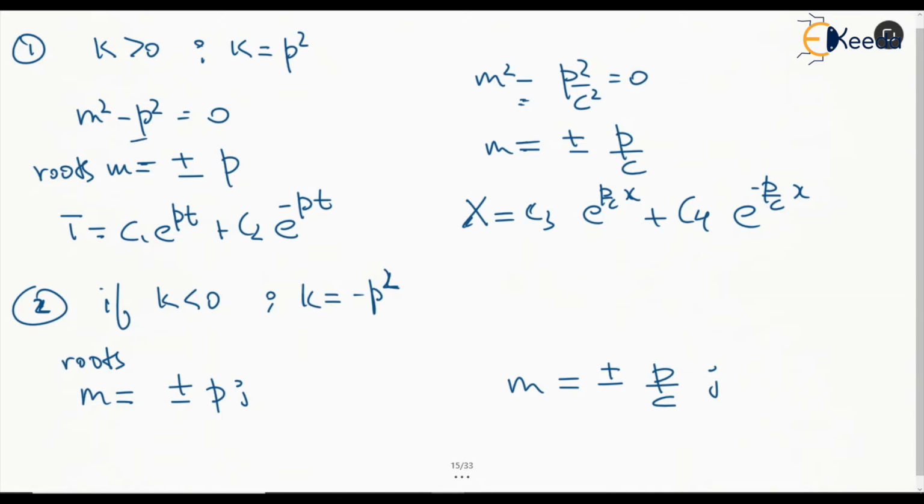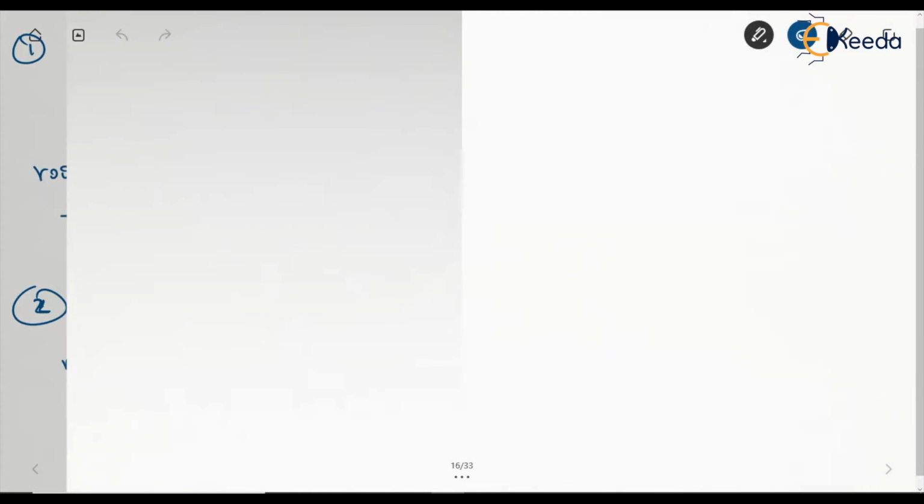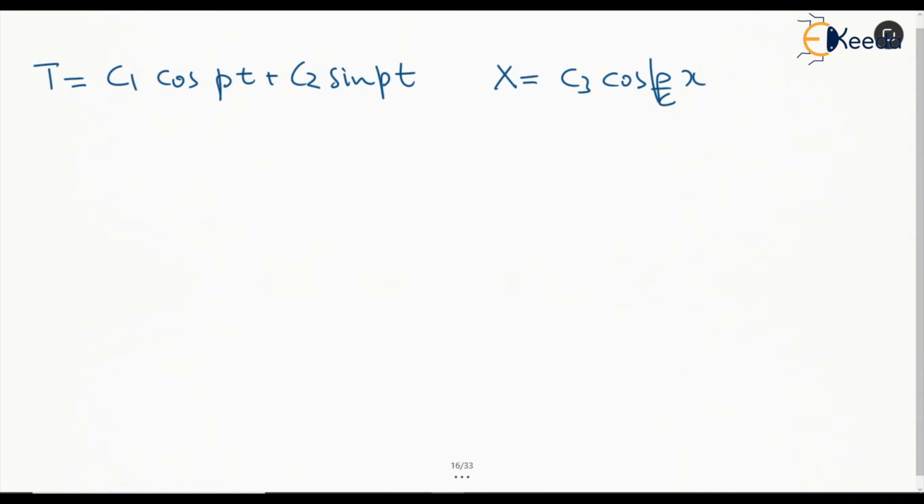So these are complex conjugate roots. So T will be, let's say, c1 cos pt plus c2 sin pt, whereas X is going to be c3 cos p by c x plus c4 sin p by c x.